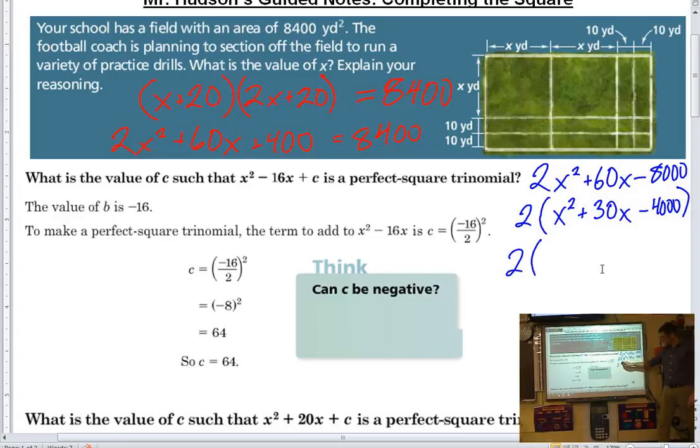Now the fun we get to have is what terms multiply to negative 4,000, mind you, and add to get 30. So we've got x and x. One's going to be positive, one's going to be negative. The positive wins. Is there an easier way to factor that stuff, to get to 4,000?